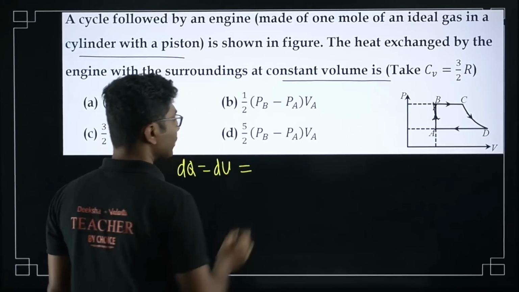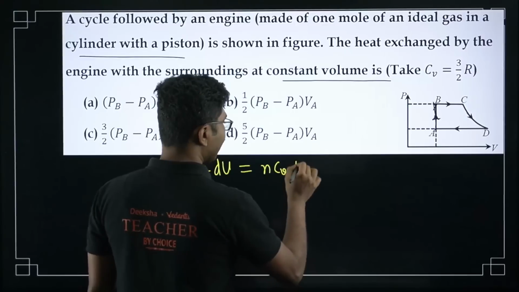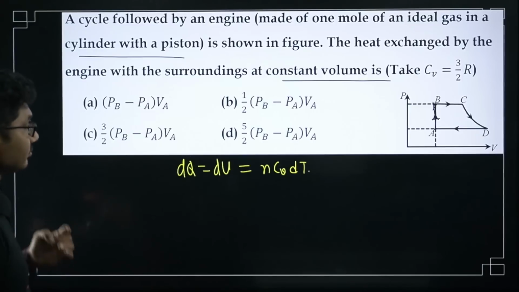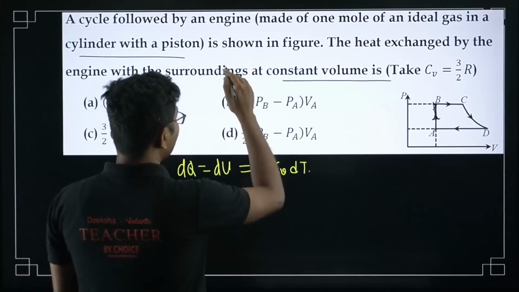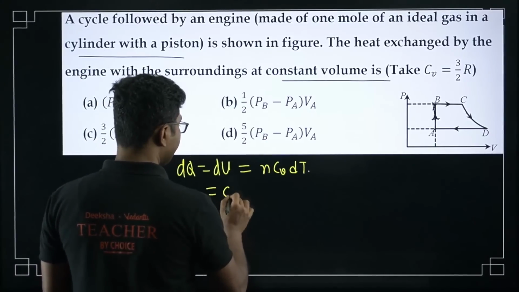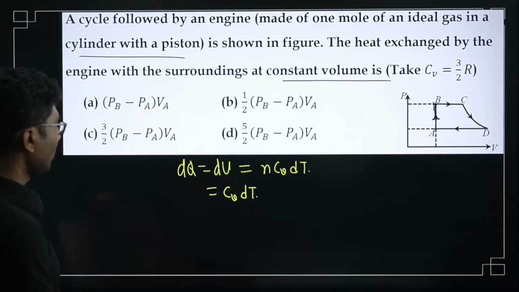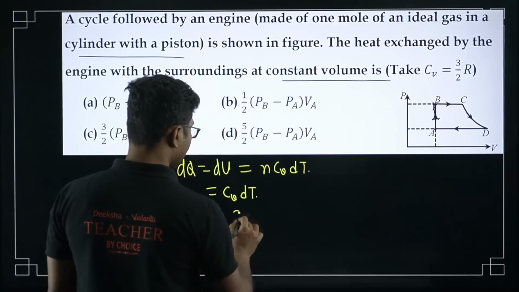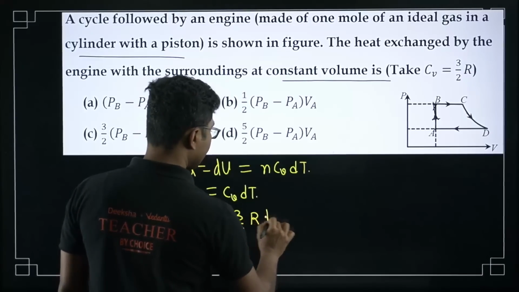So from here we know that du is given by n Cv dT. Now, 1 mole of gas, so it will be simply Cv dT, and Cv value is given as 3 by 2 R dT.